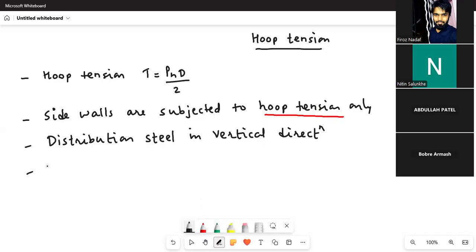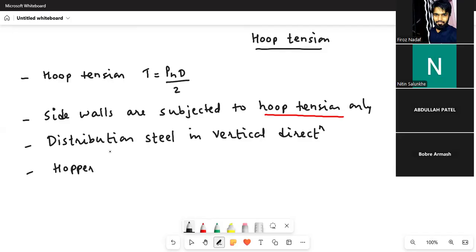Hopper bottom. What is the hopper bottom subjected to? Hopper bottom is subjected to two forces. One is direct tension and the other is hoop tension.